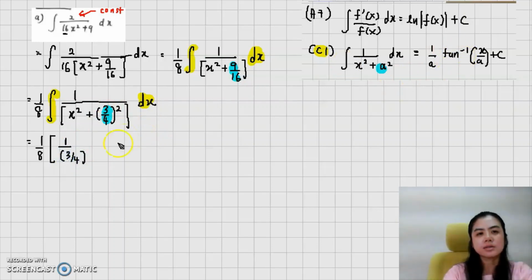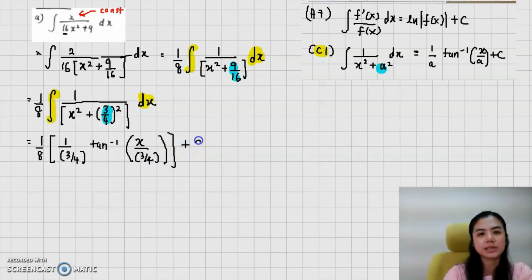And we have tangent inverse of x over a, and the a is still 3 over 4. Lastly, don't forget to put your plus c.